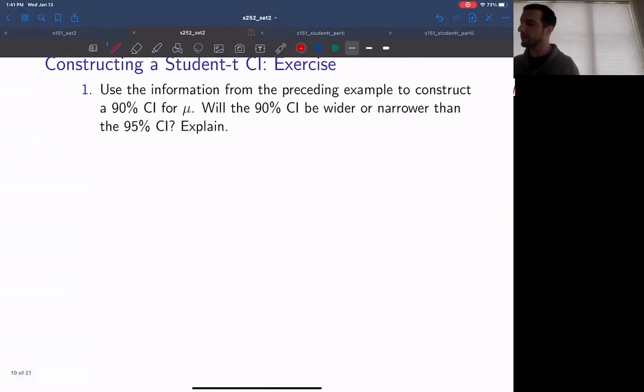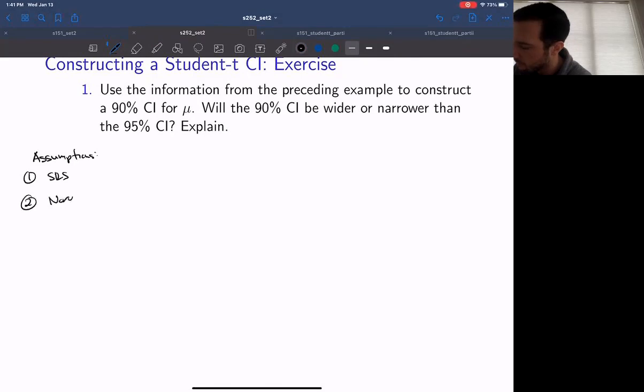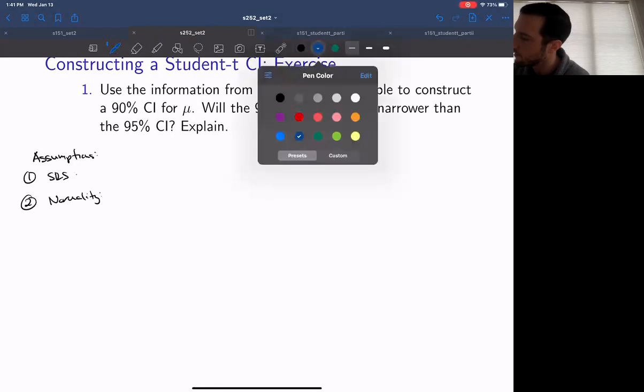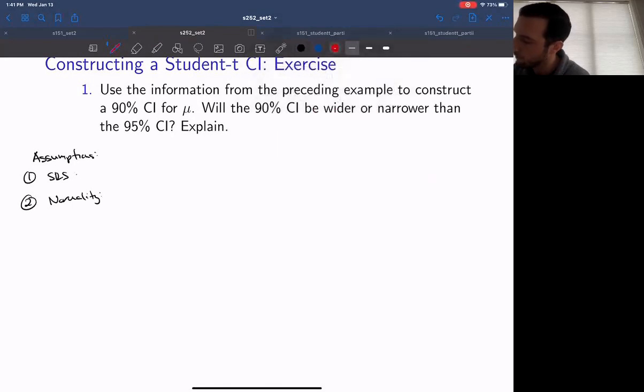So using the same information from the previous slide, let's compute a 90% CI for mu. So again, we would start off with the assumptions here. Since we are using the exact same data set, we already know that both assumptions will be intact. So our simple random sample assumption is verified because we had an SRS of 6 observations, and we've checked off normality based off of the normal probability plot.